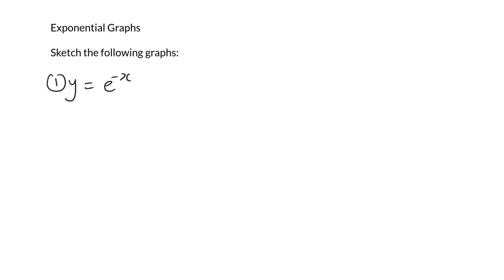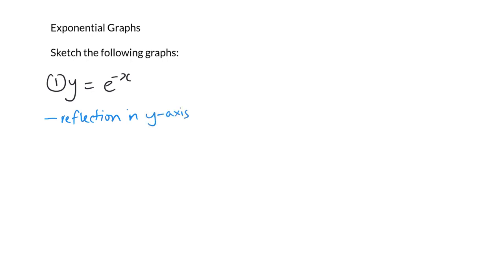We'll start with the exponential graphs. So sketch the following graphs. First one, y equals e to the power of minus x. So I've changed the x into a minus x, and that means it's a reflection in the y-axis.